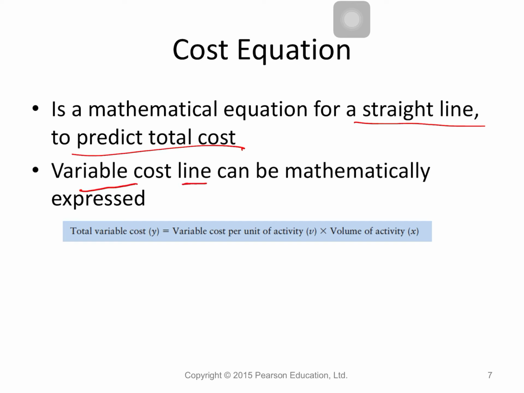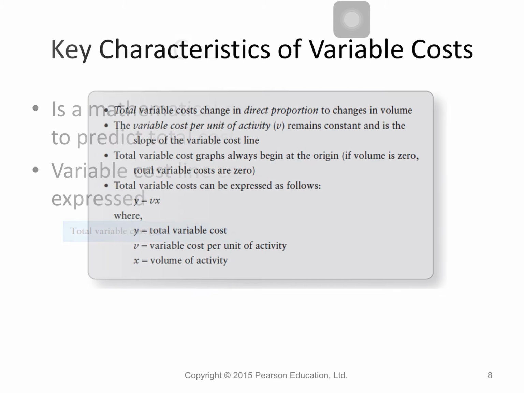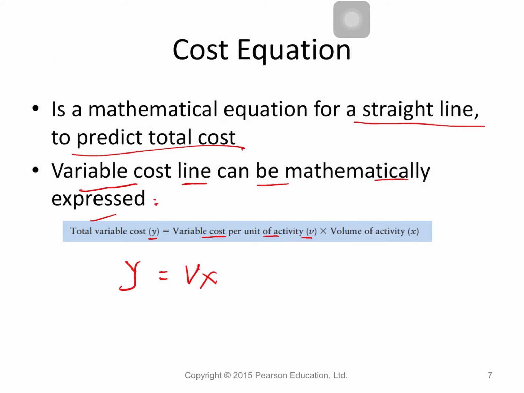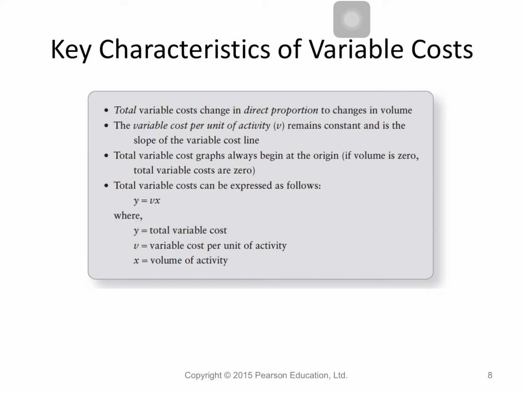The variable cost line can be mathematically expressed like this: total variable cost, or y, equals variable cost per unit of activity multiplied by volume of activity. So y equals vx. This is the equation of variable cost.